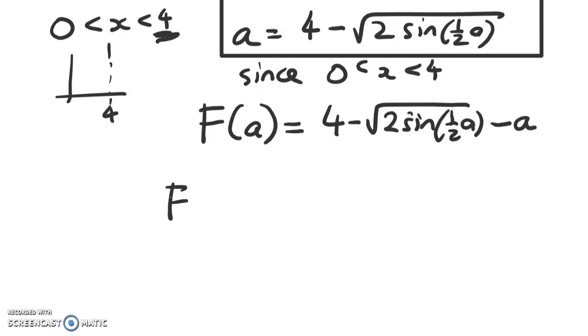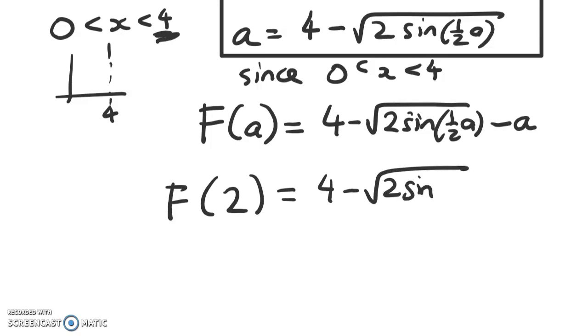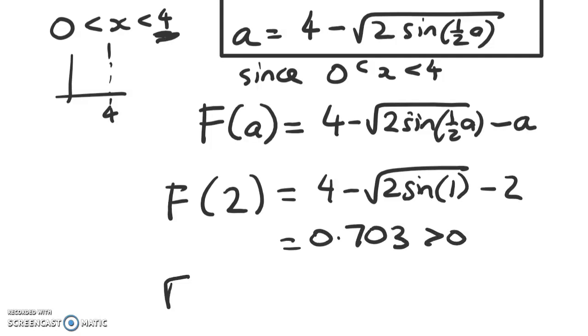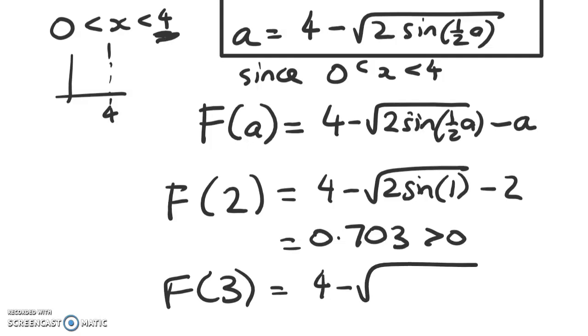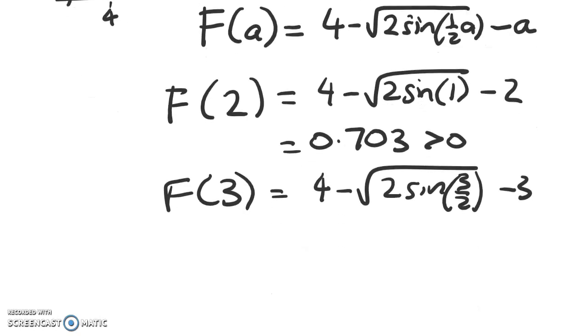And if you do it this way and you put in 2, then you get something very close to what we had above. So you get this, and that's 0.703, which is positive. And then when we put in 3, we're going to get this. I think these numbers are all good. I did them a couple of hours ago, and I can't remember what I did, but there we go.